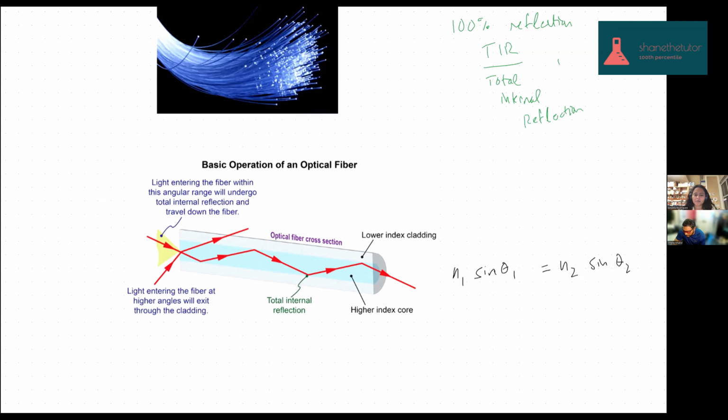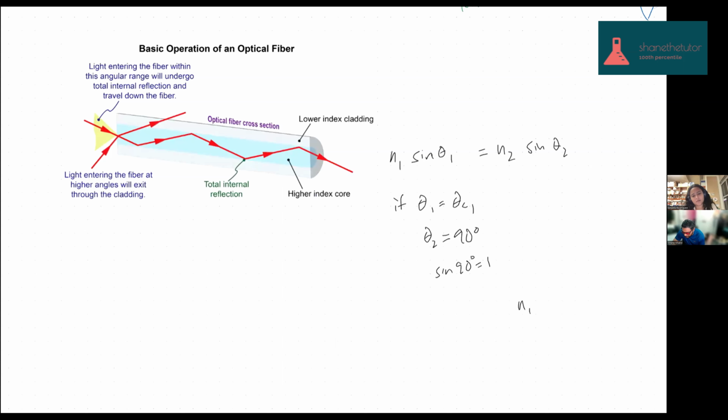If angle one is equal to the critical angle, angle two is equal to 90 degrees, but sine of 90 degrees is one. So when you have the critical angle, it would just be n1 sine theta 1 is equal to n2. And so Snell's law can make sense from there.